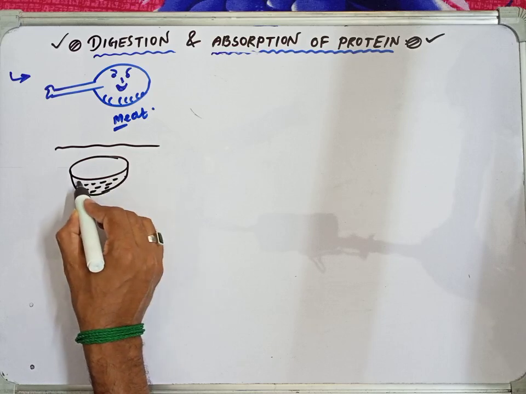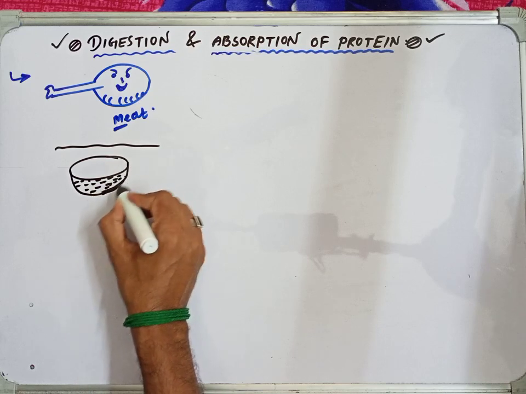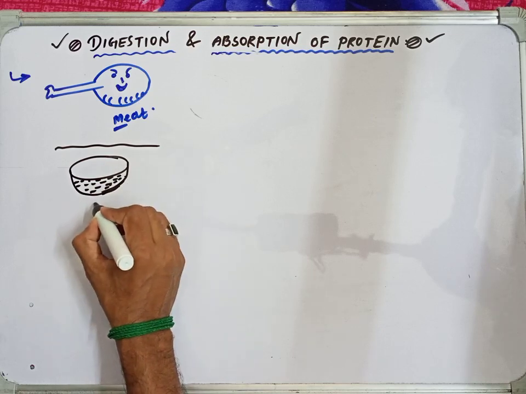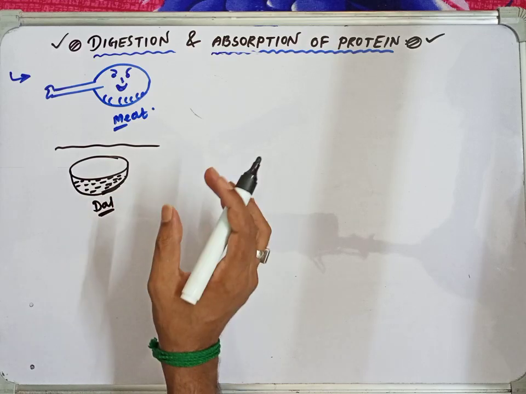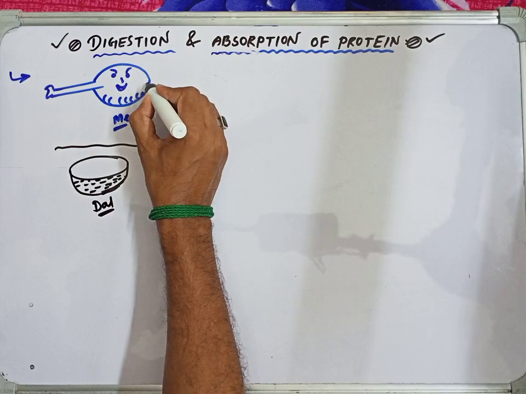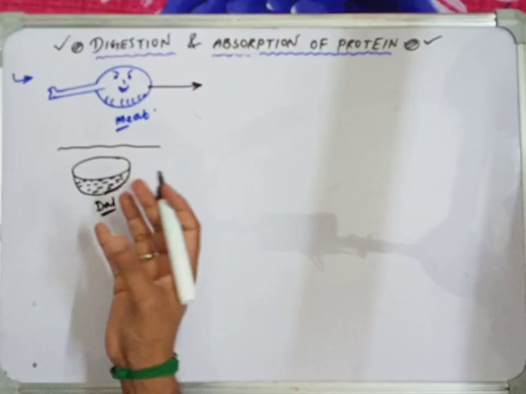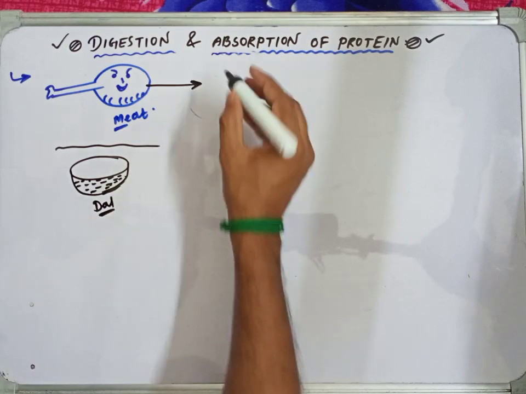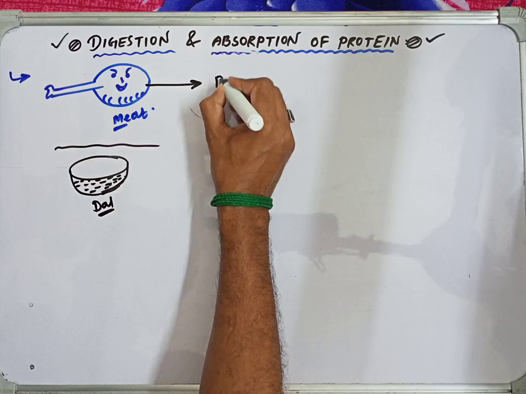That is actually a bowl of pulses, dal, right? Dal means pulses, and pulses, as well as meat, contain lots of protein inside. This food is really rich in protein, right?